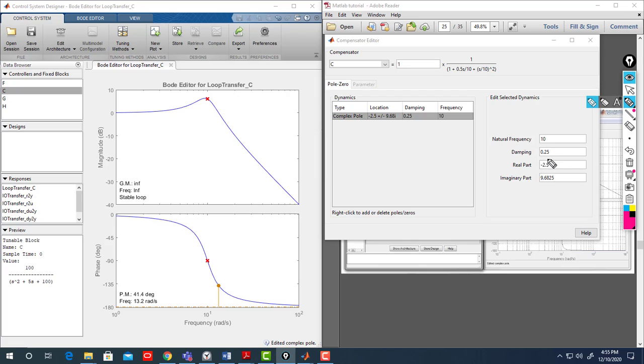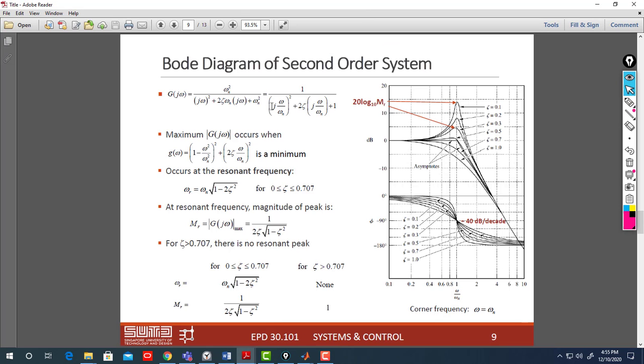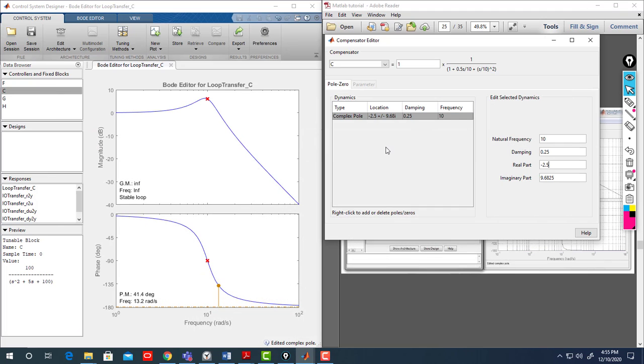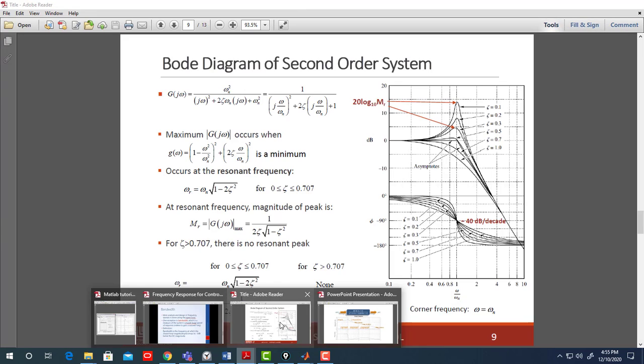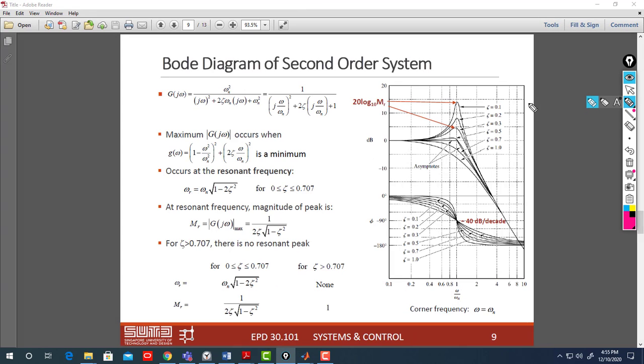When you take the Z, basically it has the form that we are using in here: 2 zeta j omega over omega n, or if you wish, 1 over s over omega n squared plus 2 zeta s over omega n plus 1.